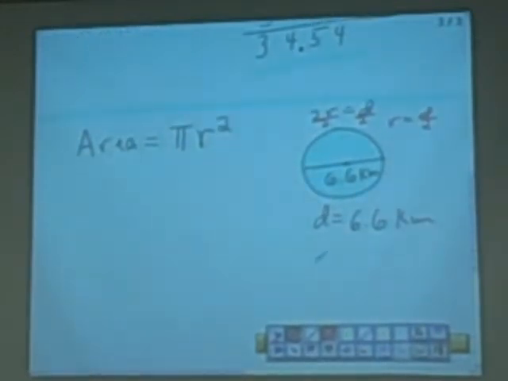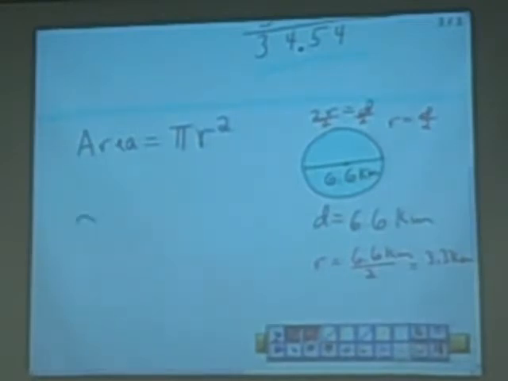Okay, so our radius is going to be 6.6 kilometers divided by 2, and that gives us what? 3.3, right? For our radius. Now that we can use in our area equation. So if you already have radius, you don't have to do this, but if you have diameter, then you have to go ahead and change it to radius.